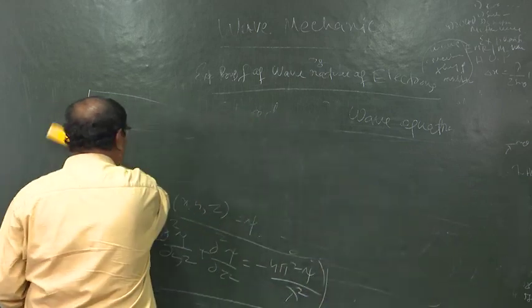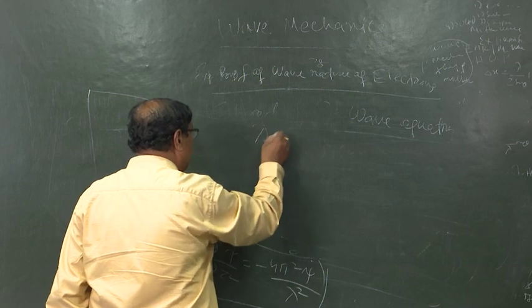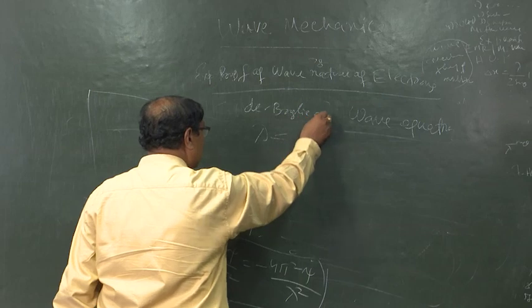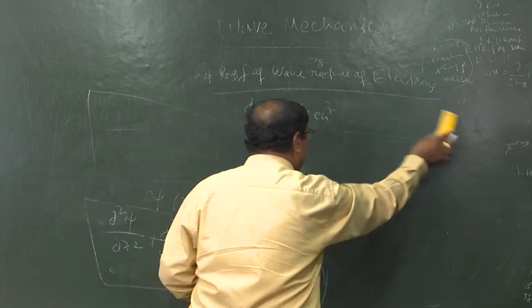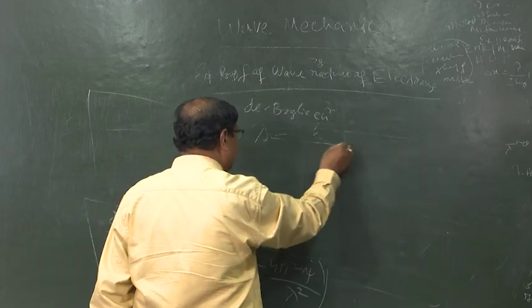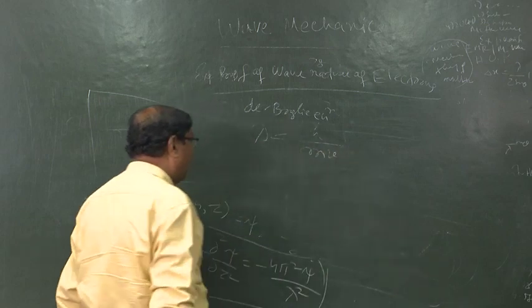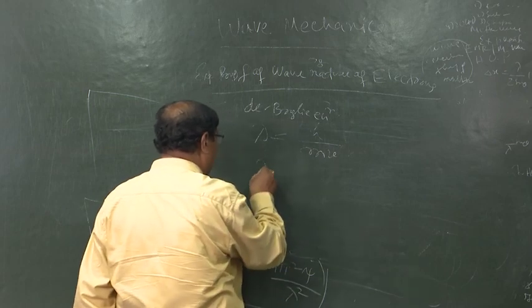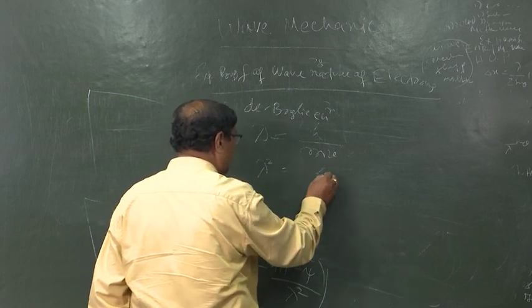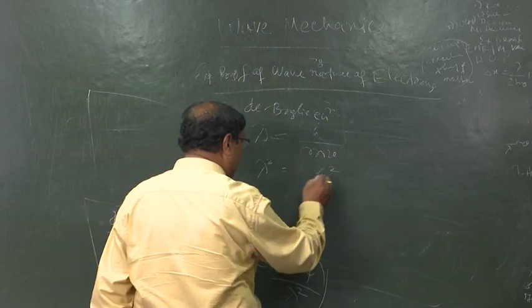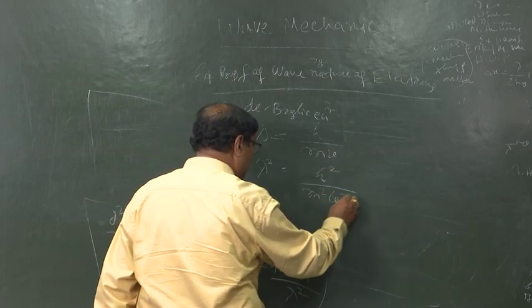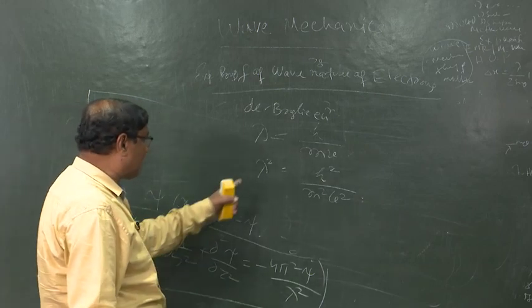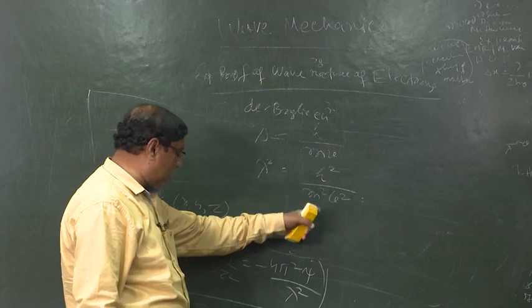Now let us use the de Broglie equation, that λ = h/mv. So λ² will be equal to h²/(m²v²). In place of λ² you put h²/(m²v²).